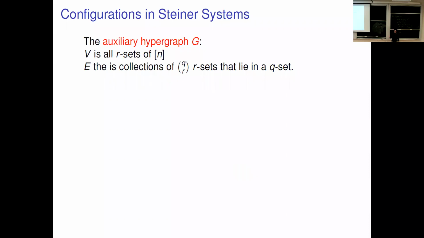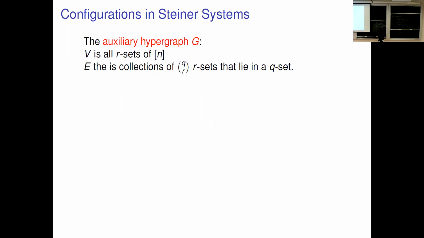So our vertices here would be all pairs of vertices from, say, 1 through 7, as our vertex set in this auxiliary hypergraph. And then for each potential line, for each 3-element subset, the ones that we're taking in our collection for Steiner systems, we are going to think about all the 2-element sets that lie there.